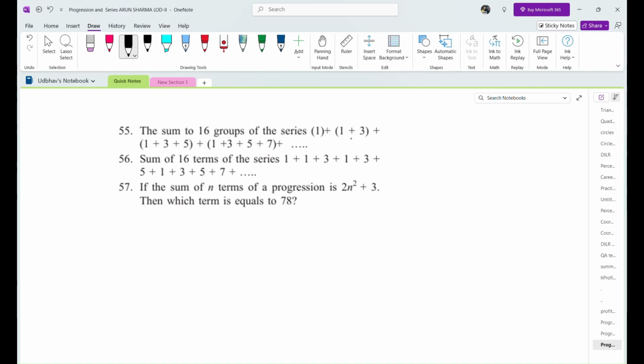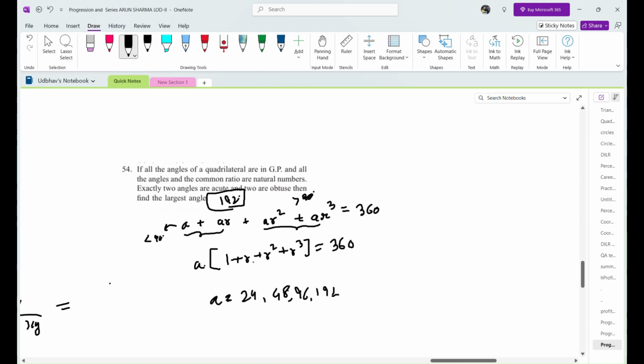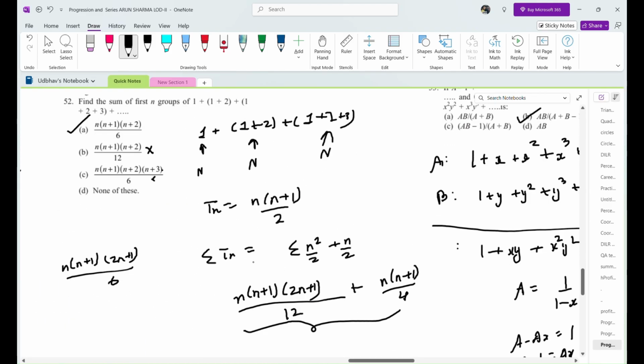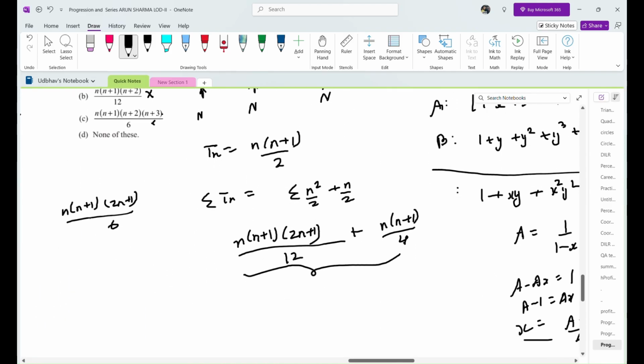Coming to the 16 groups, these are the sums of odd numbers. Sum of first n odd numbers is n square. So we just need to find sigma n square. And sigma n square, we found it here.